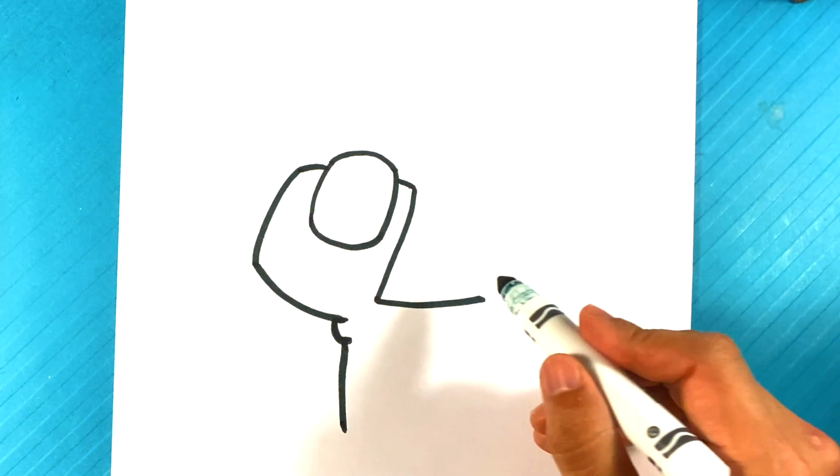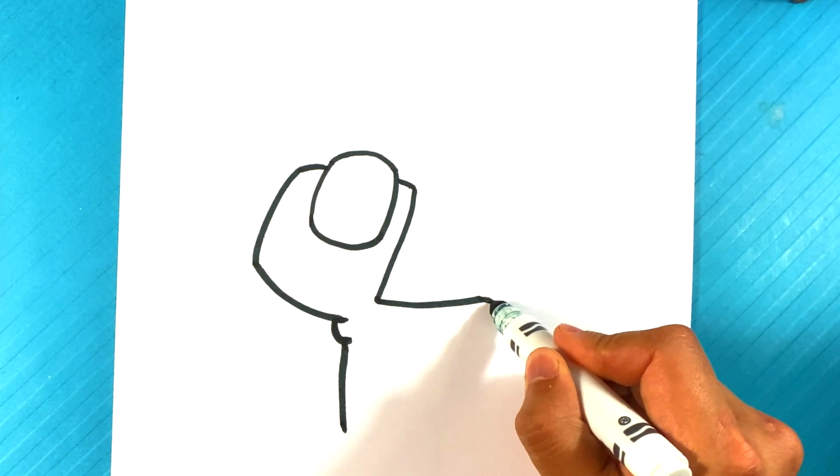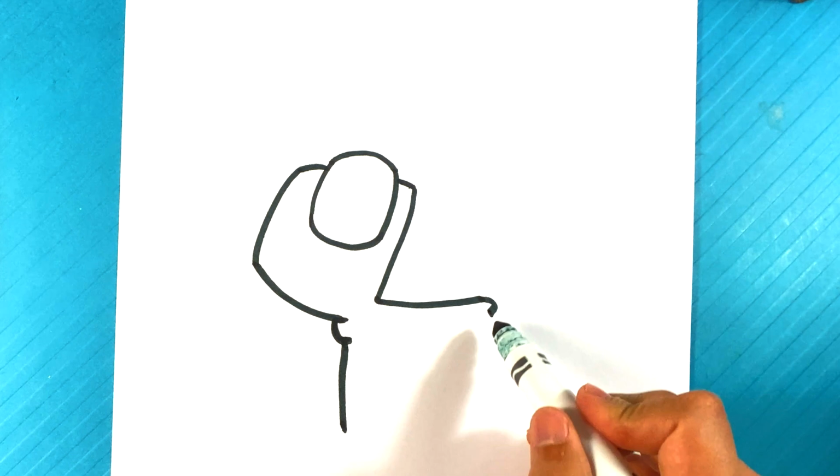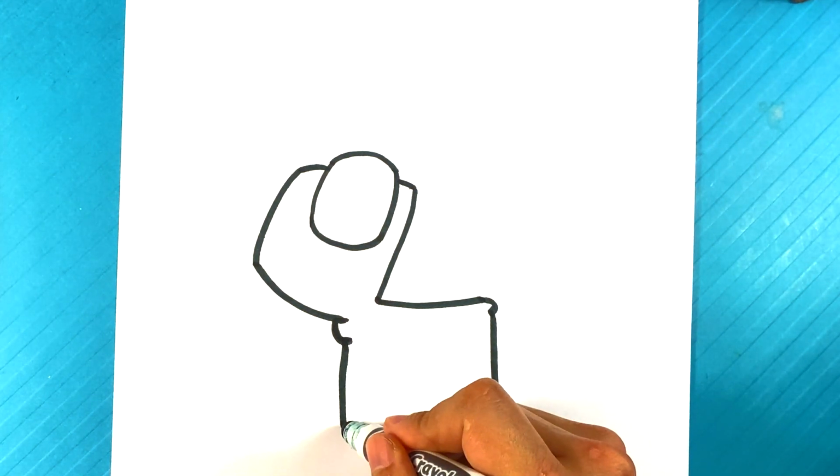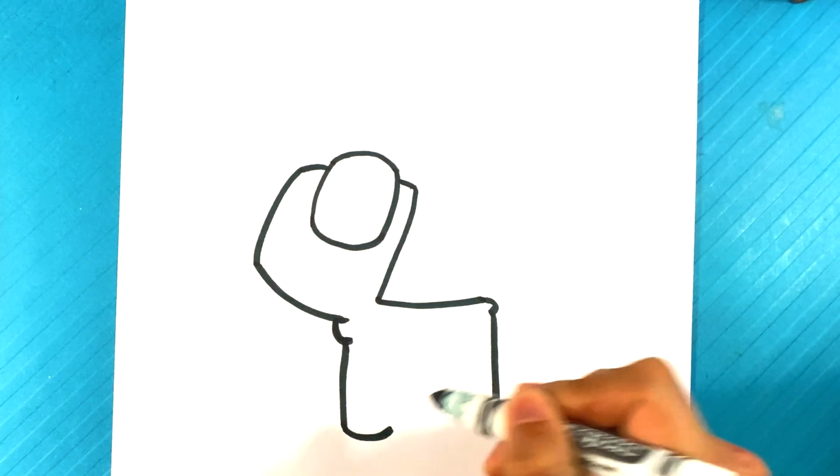And I'm going to pull down here for one of the legs. Going around the front, pulling that lip out. And then I'm going to draw the other side of the leg. Curve here.